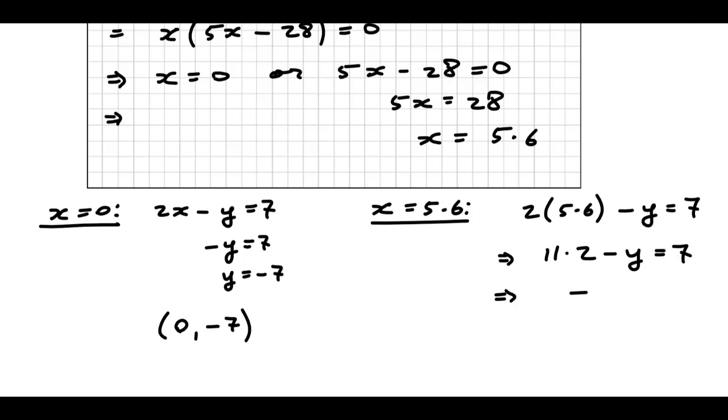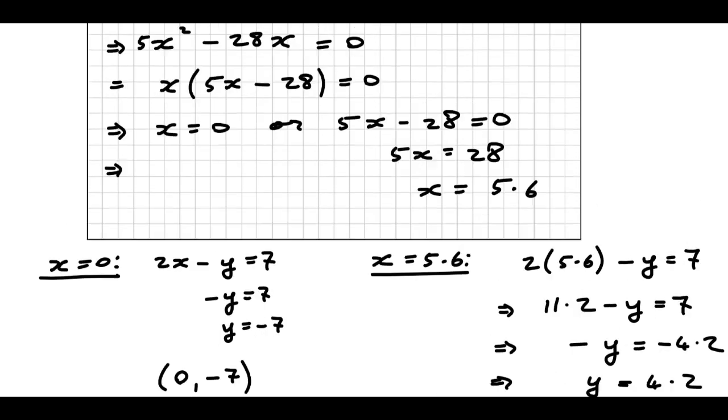That'll give us minus y is equal to, subtract 11.2 from both sides, so that's 7 minus 11.2. That'll give me minus 4.2. And finally that's y is equal to plus 4.2. So my second answer here would be x is equal to 5.6, y is equal to 4.2. So they're my two answers.